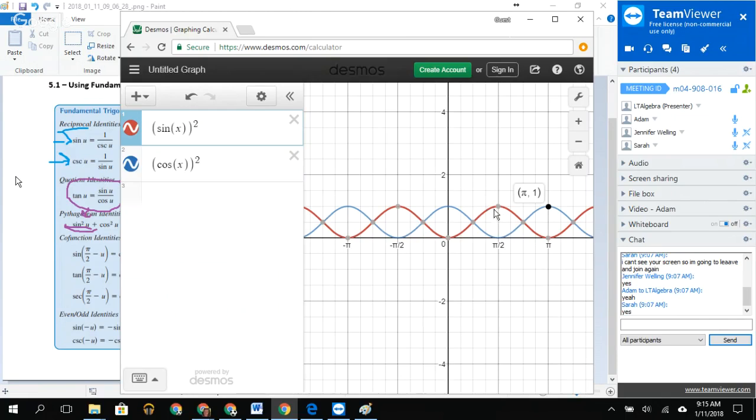When your angle measurement is pi over 2, then your sine curve evaluated at pi over 2 is at 1, and your cosine curve is 0. So obviously when you add 1 and 0 together, you get 1. And then in the middle, if our angle represents 3 pi over 4, then you can see the sine and the cosine curve are both evaluated at 1/2.